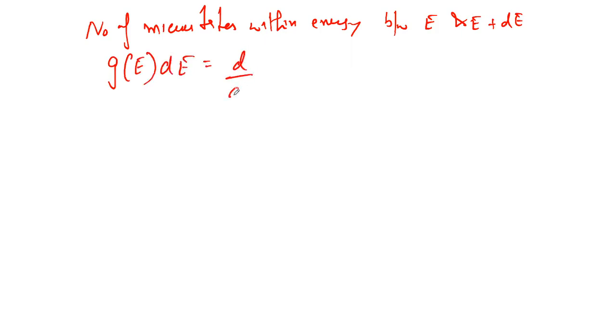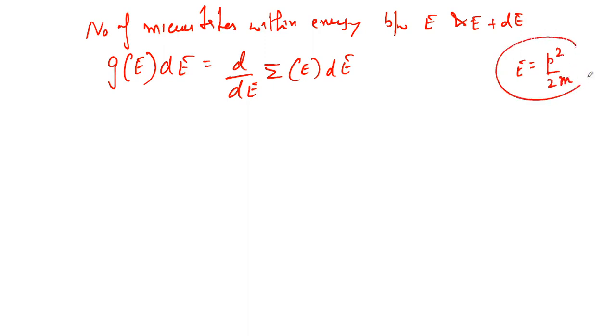So again we derive that term, the summation of E in terms of dE. And here we will write all those momentum terms and convert them into the energy equation, that is E is equal to p square over 2m.